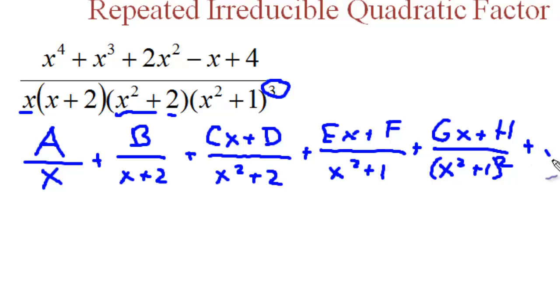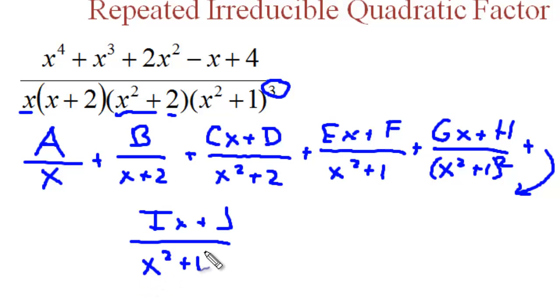Plus, to continue down here, ix plus j over x squared plus 1 cubed. So we're not going to worry about solving that, but just looking at how you set each one of these up.